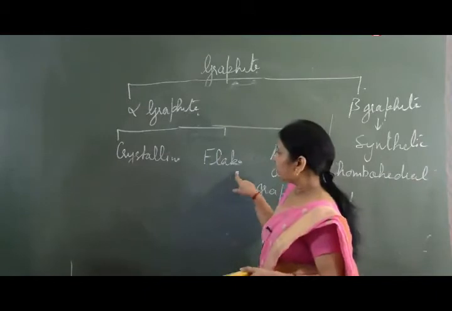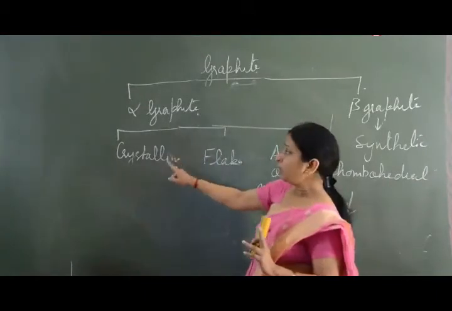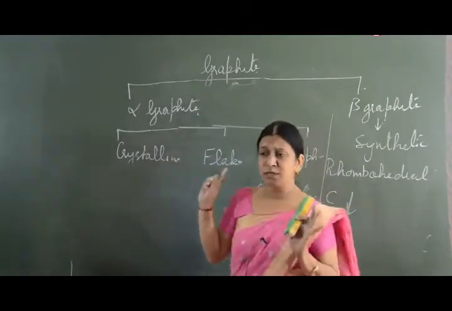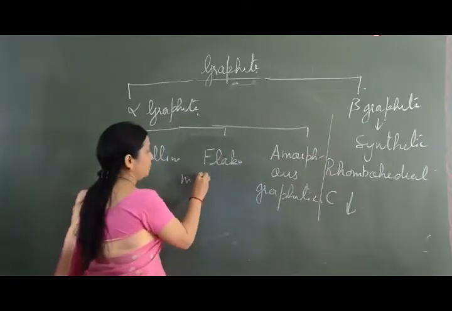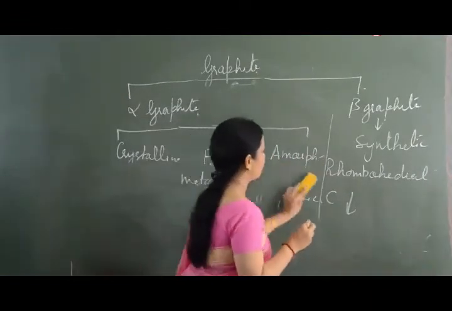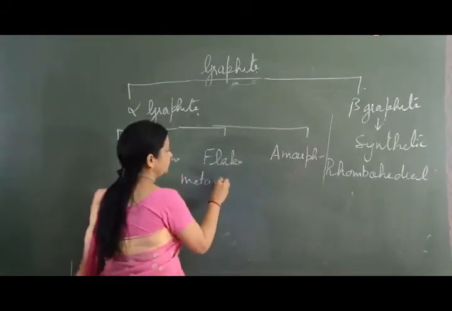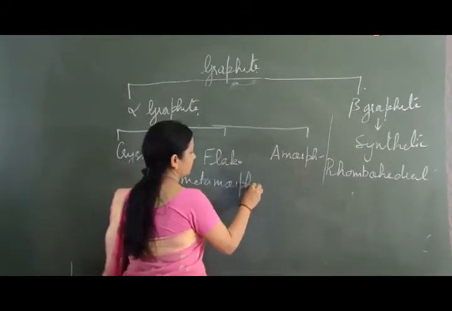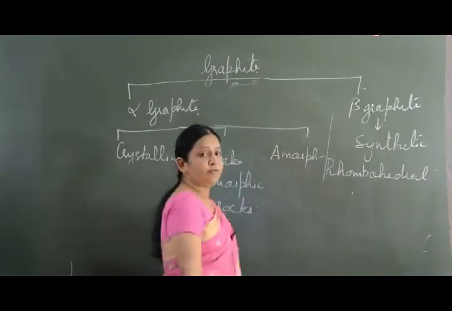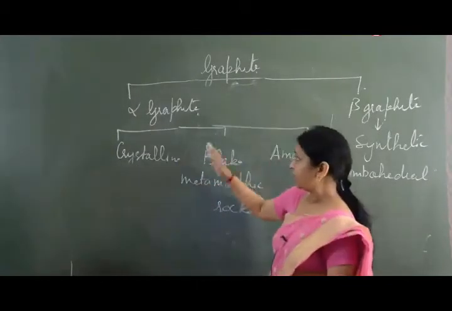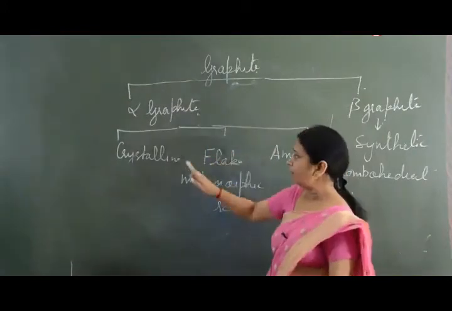Now flake is in between crystalline and amorphous graphite, and flake graphite is obtained from metamorphic rocks. So this is the origin of flake graphite, natural graphite or alpha graphite.